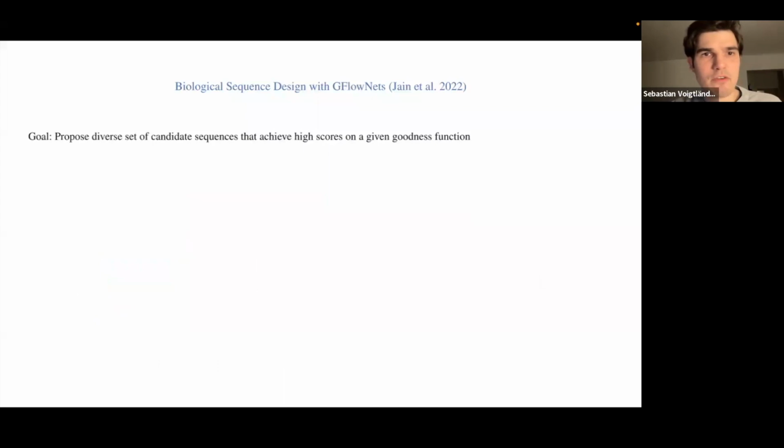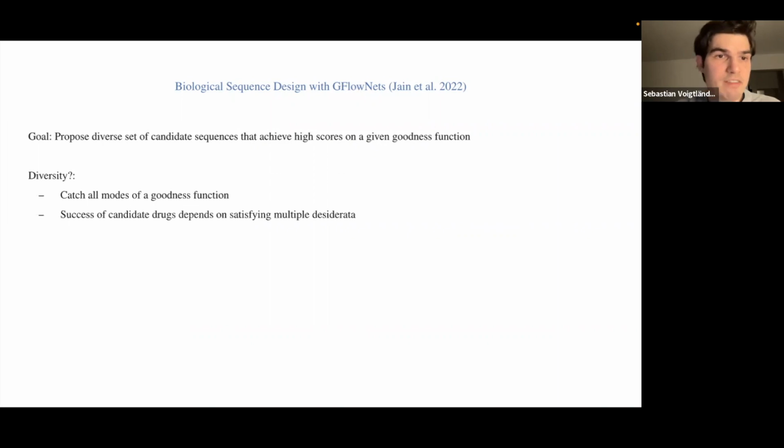So now let's go to the biological sequence design by Jain et al. The goal is to propose a diverse set of candidate sequences that achieve high scores on a given external goodness function. And why is diversity important? As you already mentioned, you want to catch the modes of the goodness function. And often the success of these candidate drugs that you're sending through consecutive trials after the candidate proposal in silico is that they have to satisfy multiple desiderata that can be very difficult to model and that are sometimes even conflicting.